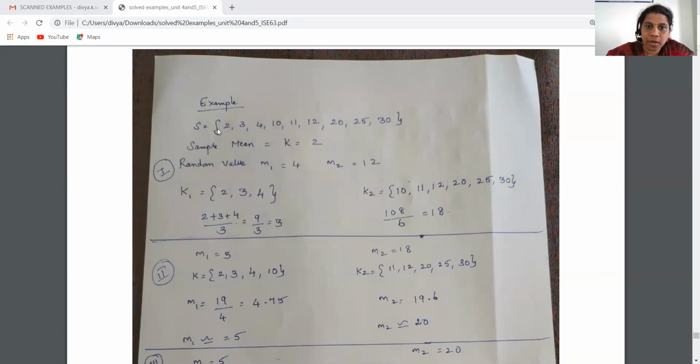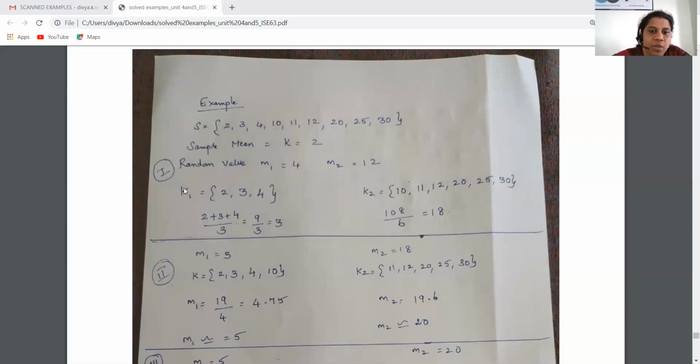So we are inputting this particular sample, and k is equal to 2, which indicates that we need two clusters. Randomly we are taking the centroids of the two clusters: first cluster m1 is equal to 4, and second cluster m2 is equal to 12.